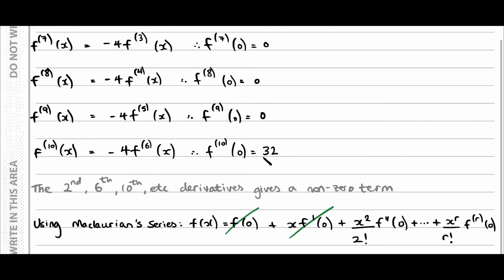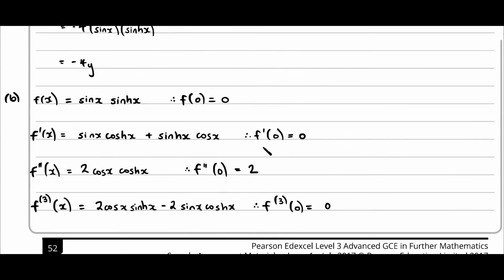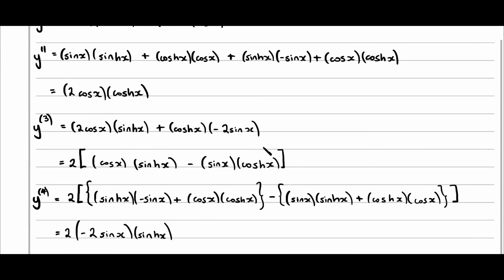You'll notice that from part A and from part B as well, we found that if we continue to work out the derivatives, the derivative cycle repeats every fourth derivative.